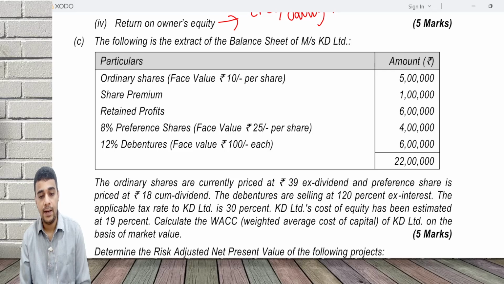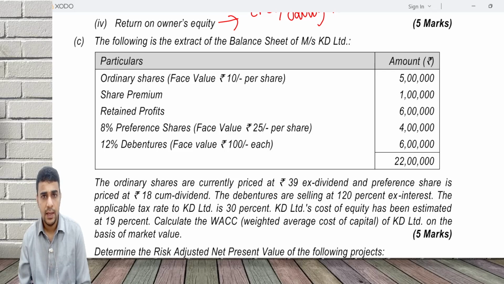Ordinary shares are currently priced at rupees 39 ex-dividend. Preference share is priced at rupees 18 cum dividend. Debentures are selling at 120% ex-interest. Applicable tax rate is 30%. Cost of equity is 19%. Compute WACC on the basis of market value.